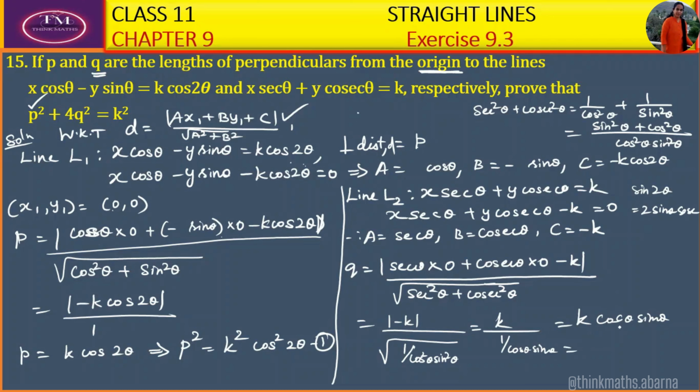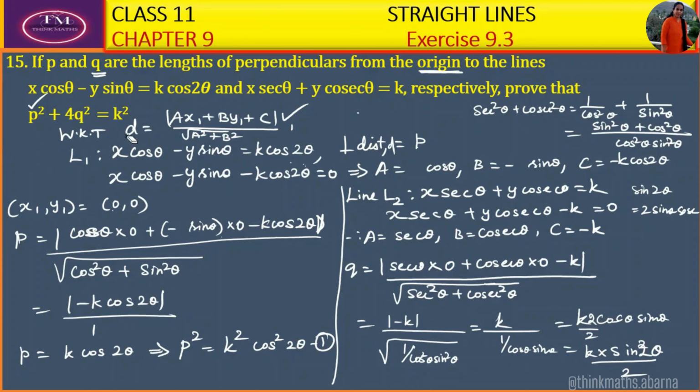So if you multiply by 2, we will get 2 divided by 2. So this 2 is multiplied here. This 2 sine theta cos theta is sine 2 theta. So instead we will write sine 2 theta divided by 2. So this is the value of q. So we got the value of q.